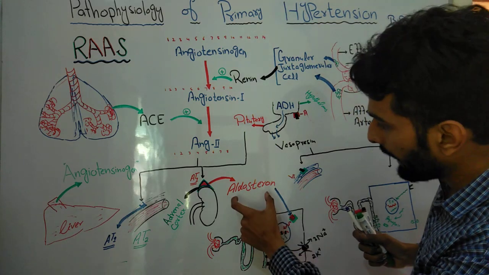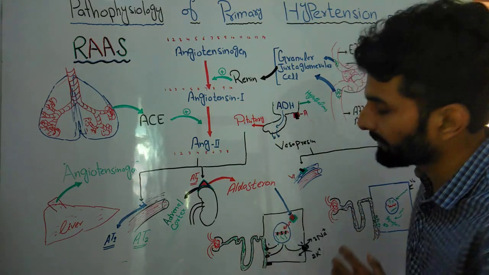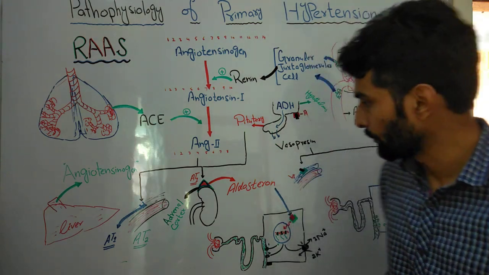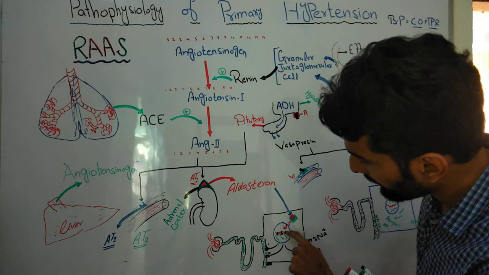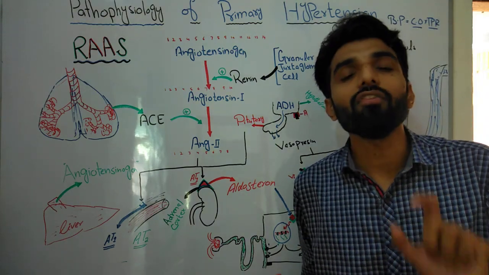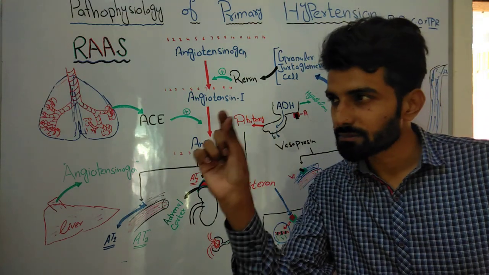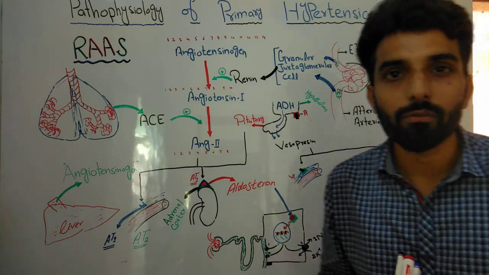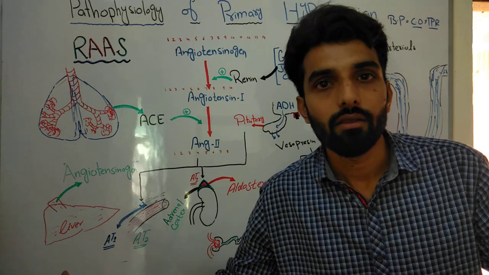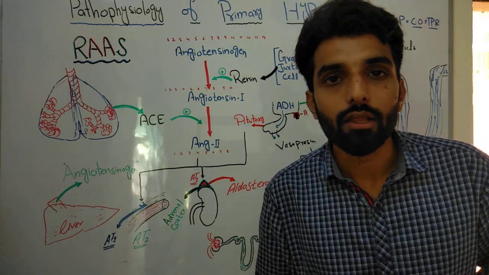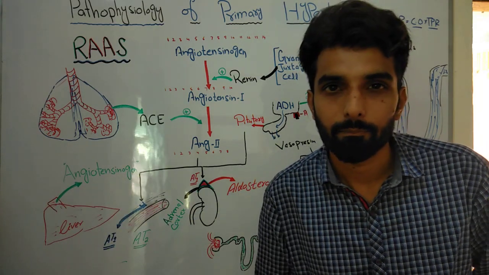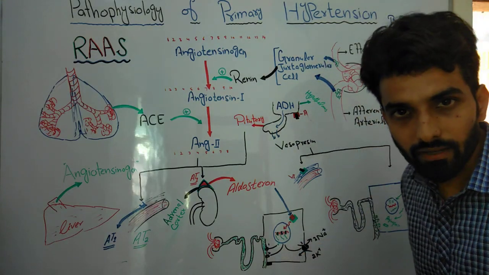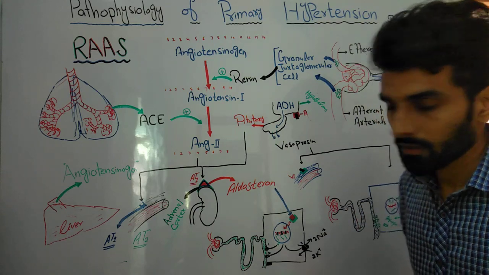Okay, come back. Aldosterone and its receptor complex will get into the nucleus of the cell, and inside the nucleus, you know that DNA is present, and on the DNA some specific genes are present, and every gene is responsible for a specific RNA that will ultimately lead to the production of a specific protein. So now these genes will produce specific RNA.